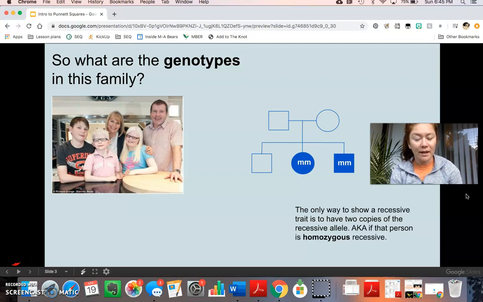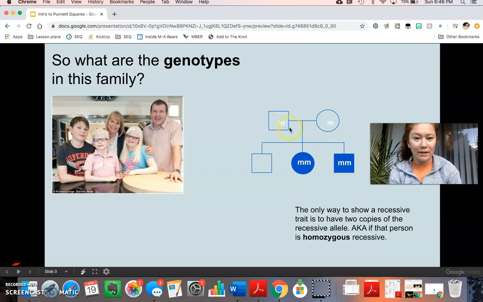We know that the children had to get these through their parents, and her parents go through meiosis just like all other people, and they make sperm and egg cells, and they pass on one half of their information. So it doesn't matter if this is the one from the mom or the one from the dad, because they're both exactly the same.